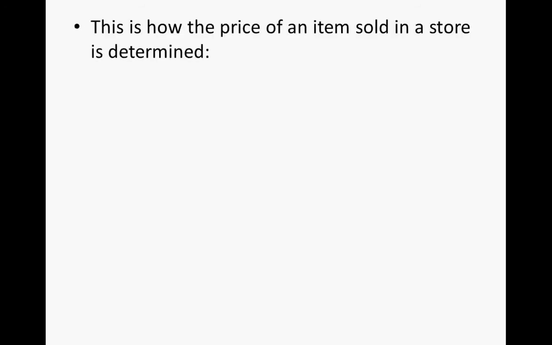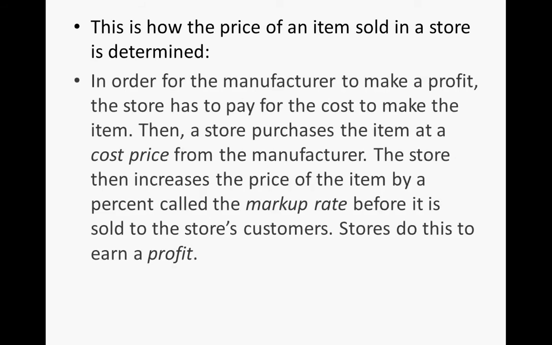So this is how the price of an item sold in a store is determined. In order for the manufacturer to make a profit, the store has to pay the cost to make the item. Then, a store purchases the item at a cost price from the manufacturer. The store then increases the price of the item by a percent called the markup rate before it is sold to the store's customers. Stores do this to earn a profit.